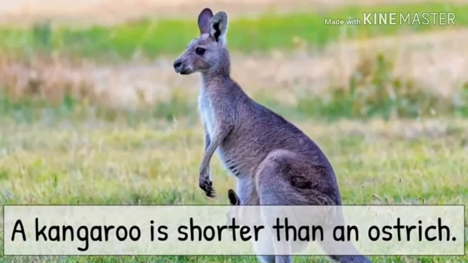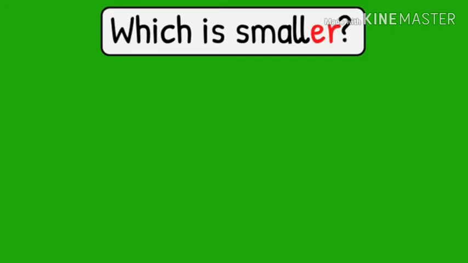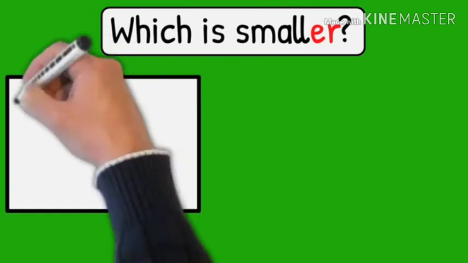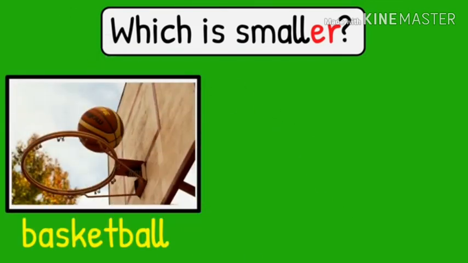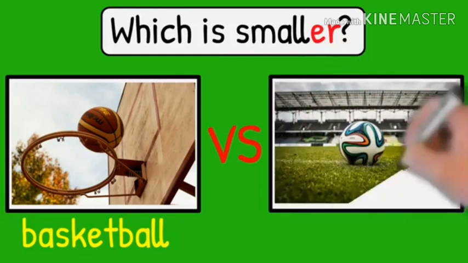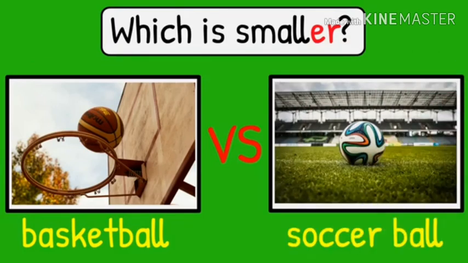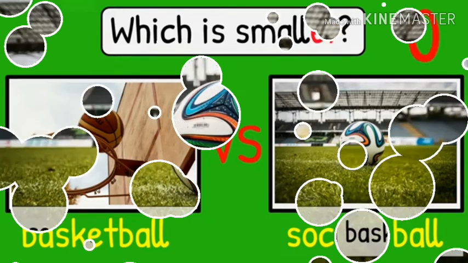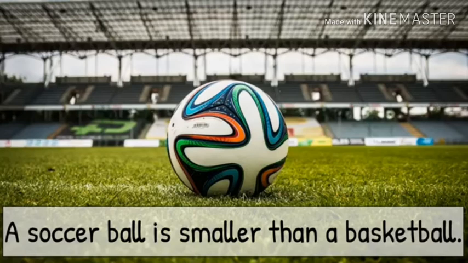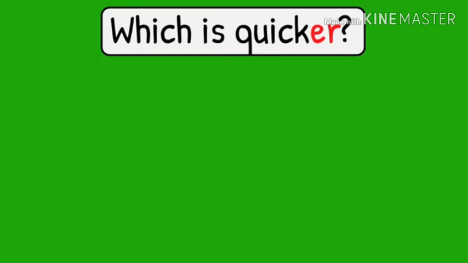A kangaroo is shorter than an ostrich. Which is smaller? A basketball or a soccer ball? A soccer ball is smaller than a basketball.